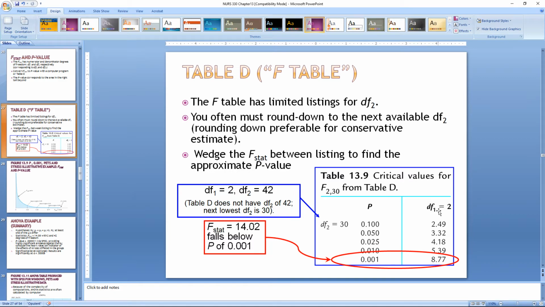At degrees of freedom 1 equaling 2, we had an 8.77 critical value for our FSTAT. So FSTAT 14 is well past that, so we know that the probability is quite low.